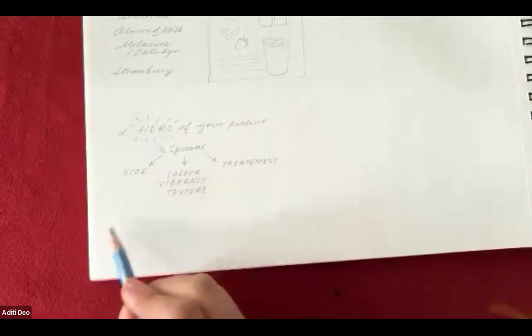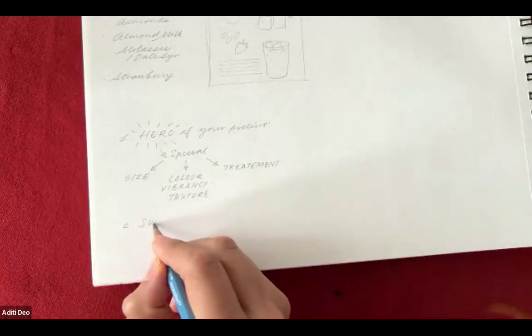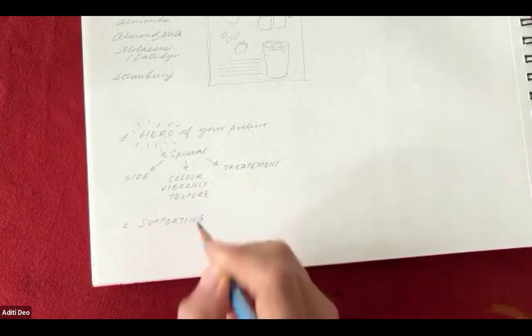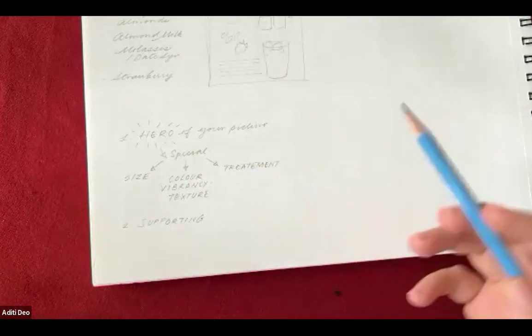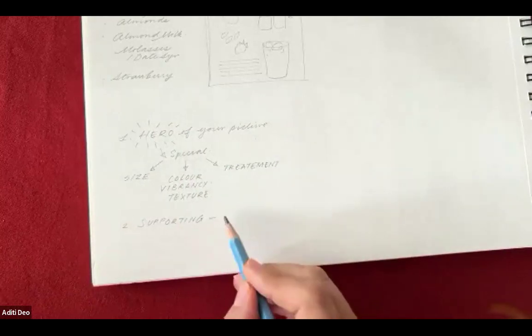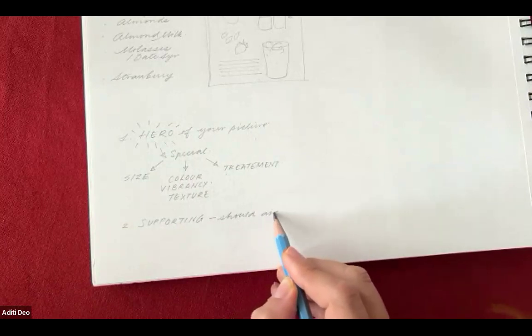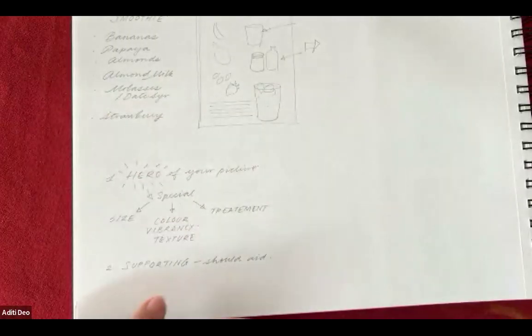All right, so then after the hero comes the supporting cast. And these should not overshadow the hero, of course, but should aid the illustration. Anything that you put in the picture is going to make an impact on the final image. So you have to be very careful what and how much of that you want to put in the illustration.